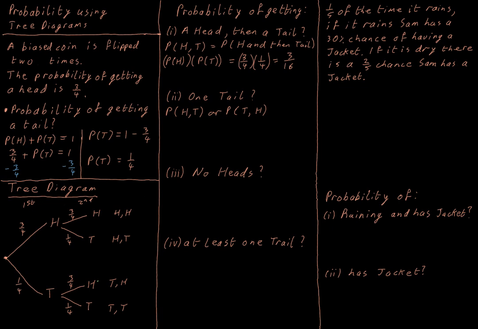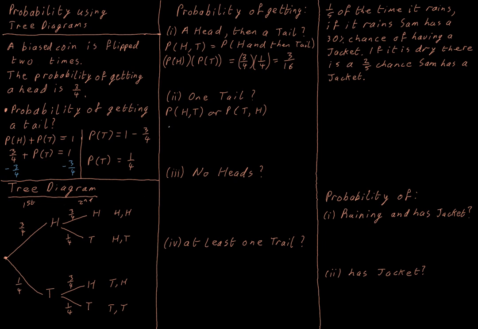Now, in terms of the probability, that means we need to get a head and a tail, or a tail and a head. So we know we're going to have to multiply probability of head by probability of tail. But what do we do with the fact that we have one thing or the other? Well, what we're going to do is add these up, because we're increasing the chances that this thing is going to happen. Because we have two options here, we have a higher probability of getting success, of getting what we want, of getting one tail.